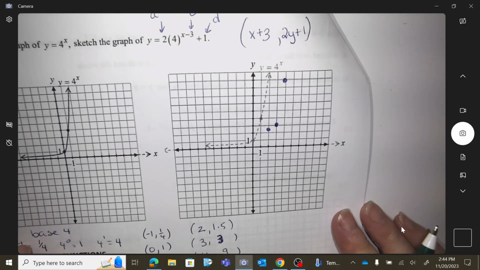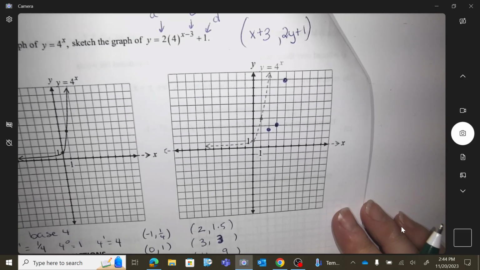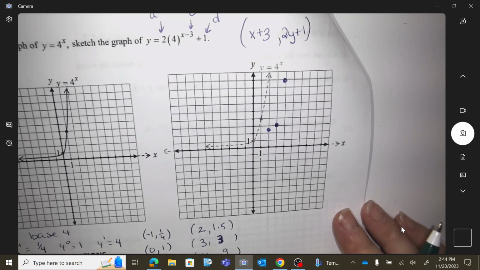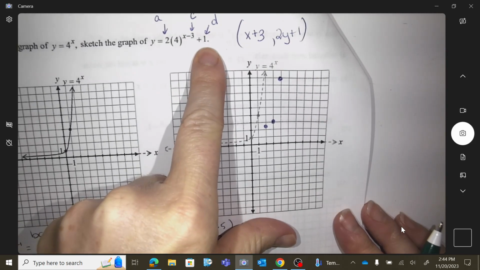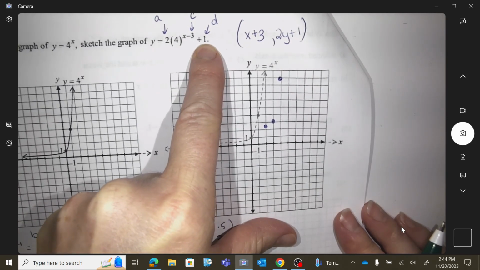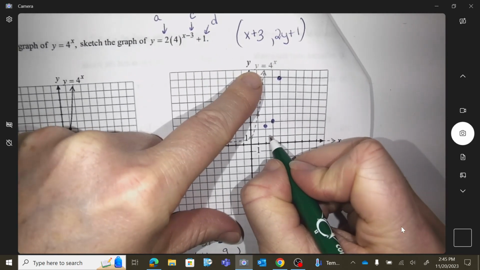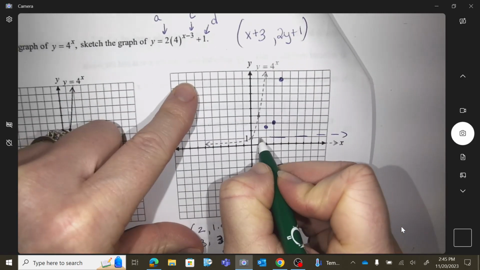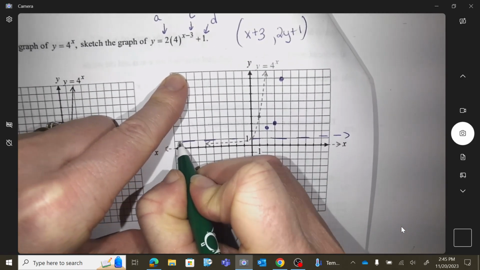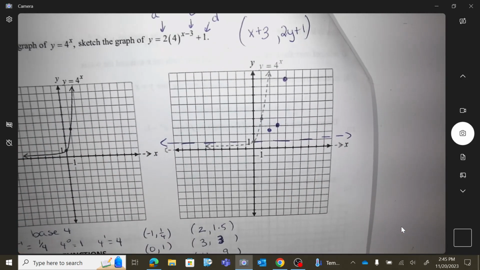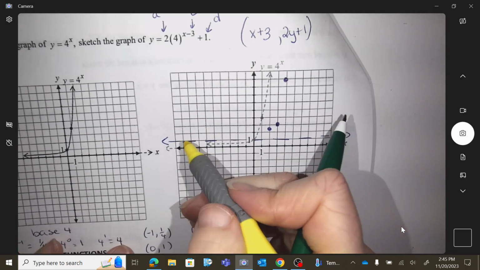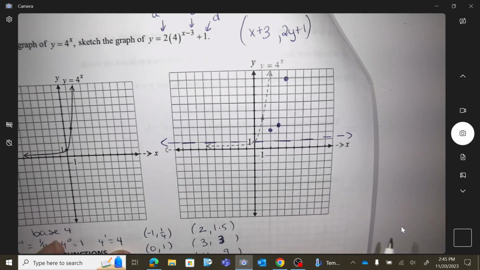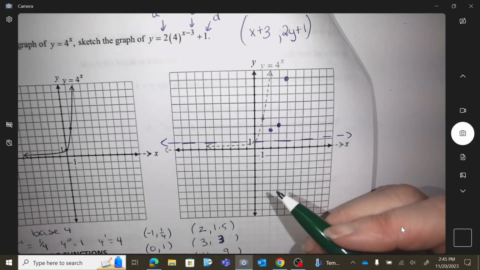Okay, your asymptote, you should know where to put the asymptote before I sketch it as well. There is a shift up one, so my asymptote will be at a height of 1. What am I doing, guys?